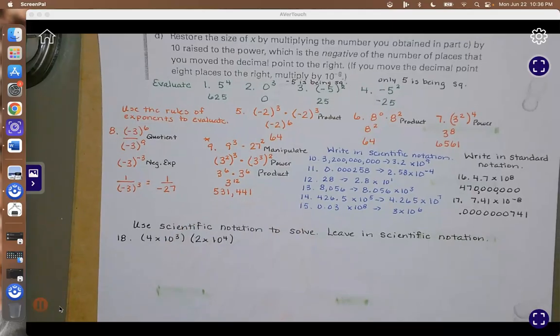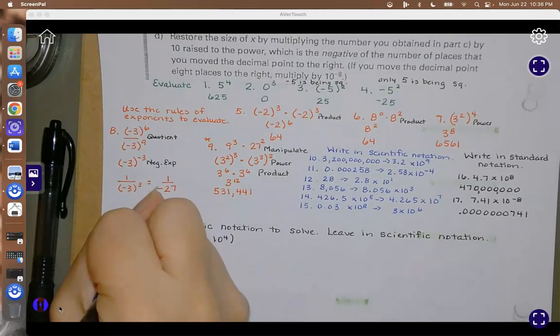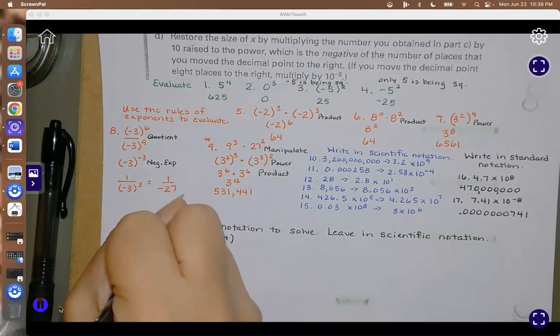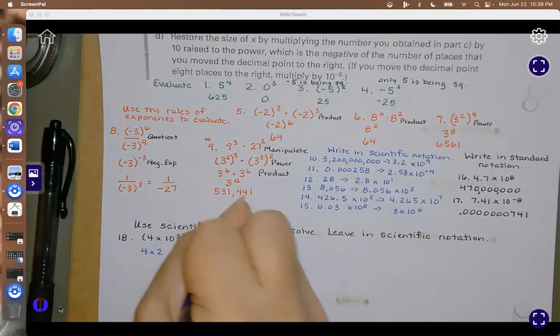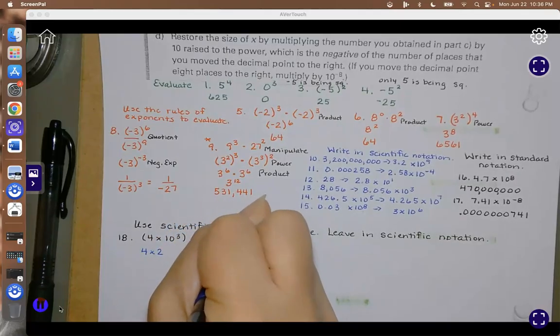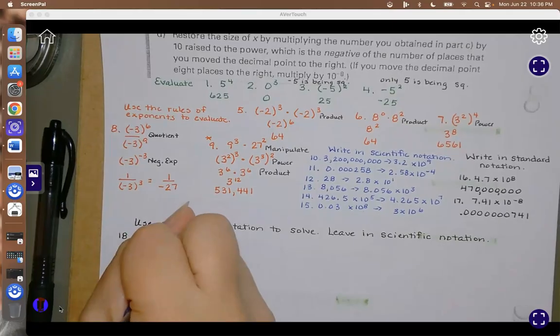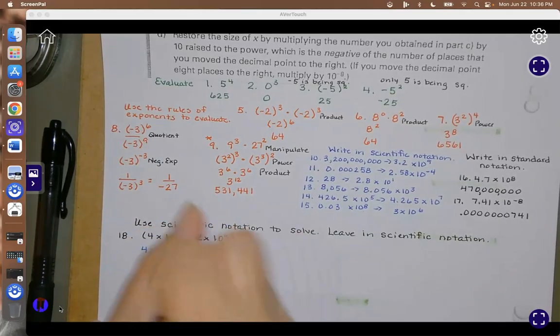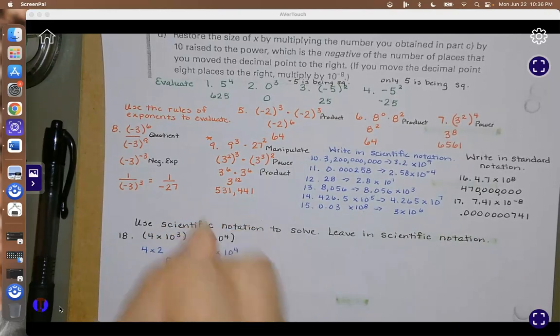So the way that we work these is we do 4 times 2, so you multiply the whole numbers, and then you multiply the tens portion together. Okay, so we know that 4 times 2 is 8. And then we add the powers. So this is 8 times 10 to the 7th.